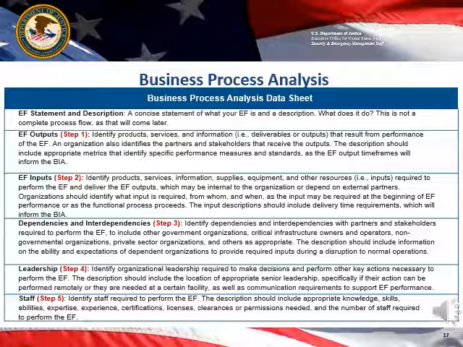Step 5 requires an organization to identify staff needed to perform the mission essential function. The description must include appropriate knowledge, skills, abilities, expertise, experience, certification, licenses, clearances, or permissions needed, and the number of staff required to perform the mission essential function.